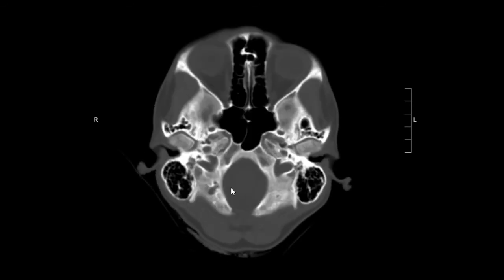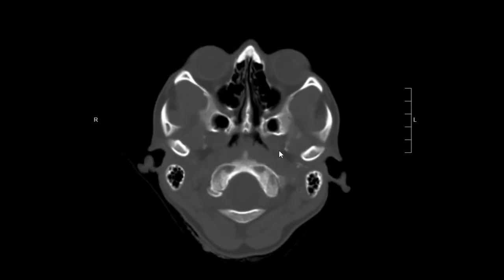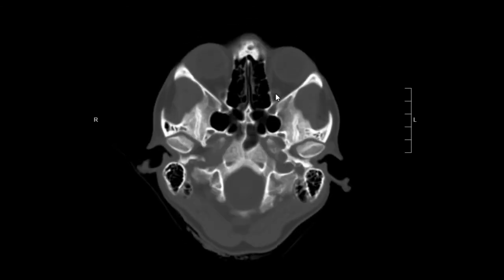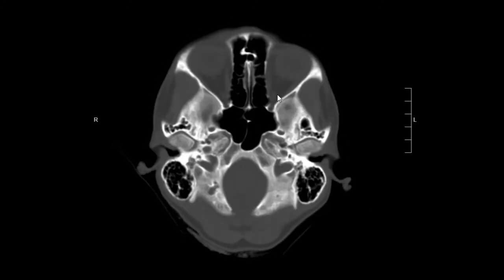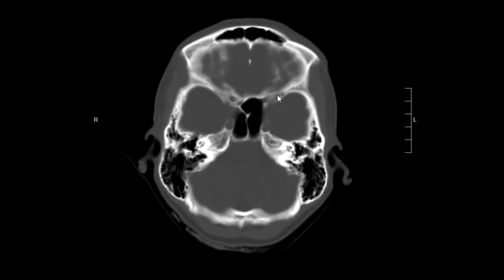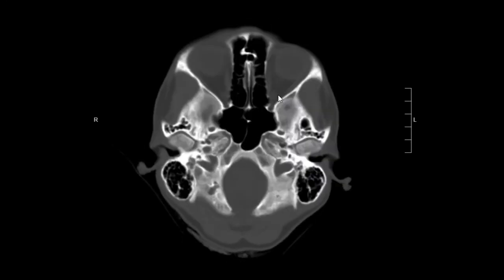You can see the foramen magnum, and then some of these foramen you can also make out pretty well, and no obvious fracture. Everything looks pretty good.